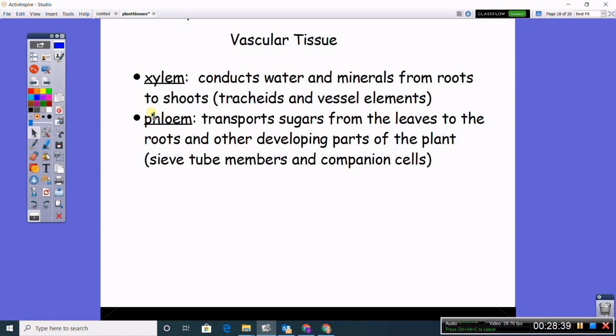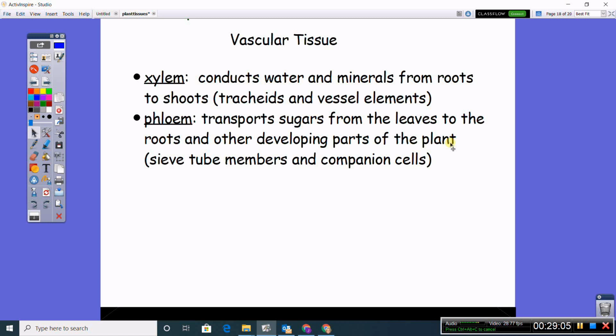Phloem, okay, phloem, I think that PH sound is kind of like an F sound, so phloem is for food. Phloem transports sugars typically in the opposite direction. Those sugars are being made in the leaves and being transported downward, maybe to be stored away in the roots or maybe to some other parts of the plant. It might be going out to be deposited where fruit is forming, because we know fruit is going to have sugar in it.